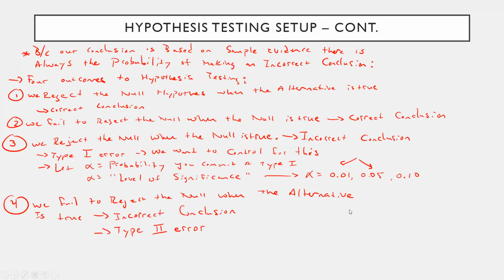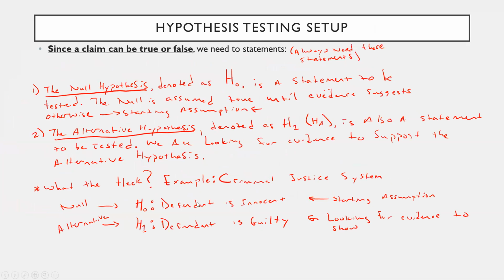So one thing, this is a math class, right? It's statistics. So we have to put a number to something, a number to these hypothesis tests. So we're never gonna write statements like defendant is innocent or defendant is guilty. We're gonna have to put numbers and notation to it.